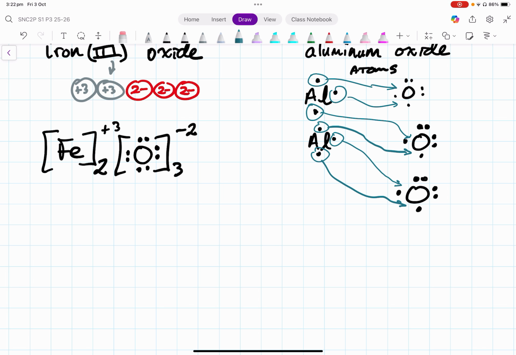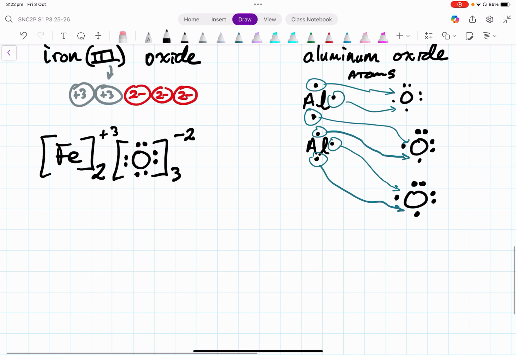Okay, so we can see all these electrons going. So 2 aluminum atoms are going to give their electrons to 3 oxygen atoms, and of course, oxygen has to break up first. So let's check this out. We're going to end up with Al, square brackets. Each aluminum loses 3 electrons, and we have 2 of them.